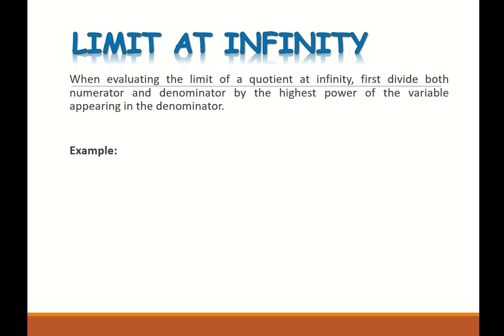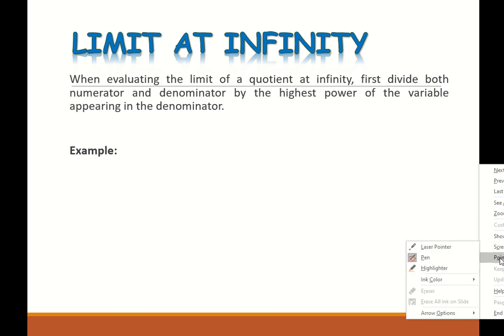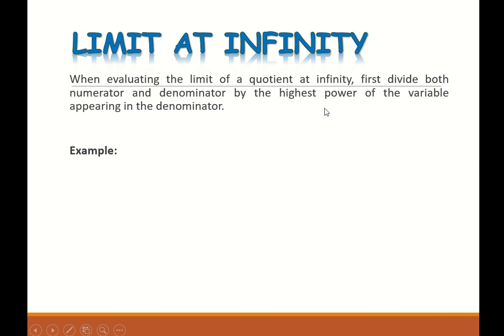When evaluating the limit of a quotient or a rational function at infinity, first divide both numerator and denominator by the highest power of the variable appearing in the denominator. So the first step, you need to inspect the terms in the denominator and look for the term that contains the highest power.